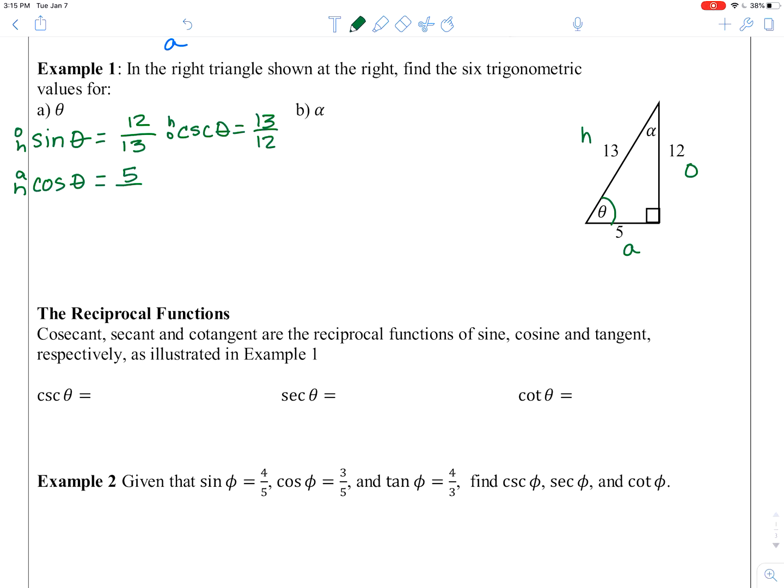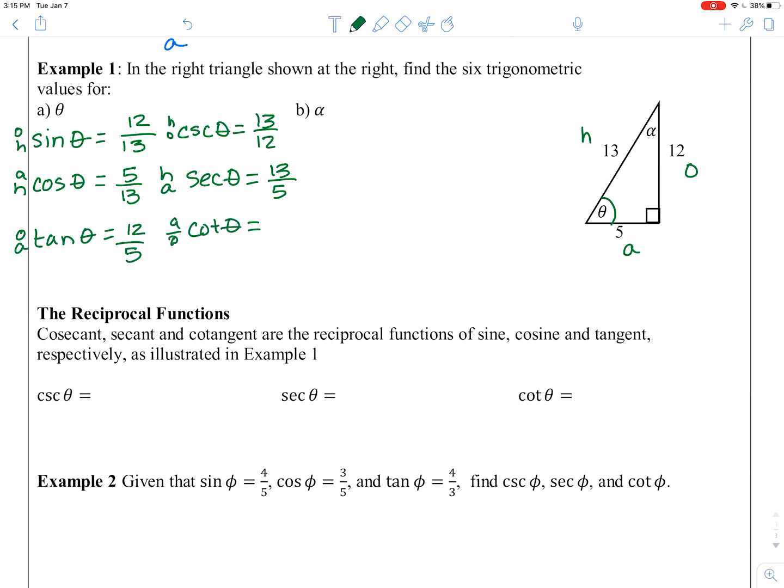Adjacent is 5, and hypotenuse is 13. So we can hop over to secant of theta, which is H over A, or hypotenuse, 13, over adjacent, which is 5. And then we just have the last two to go. Tangent of theta, which is OA, is opposite over adjacent, so 12 over 5. And then cotangent of theta is A over O.